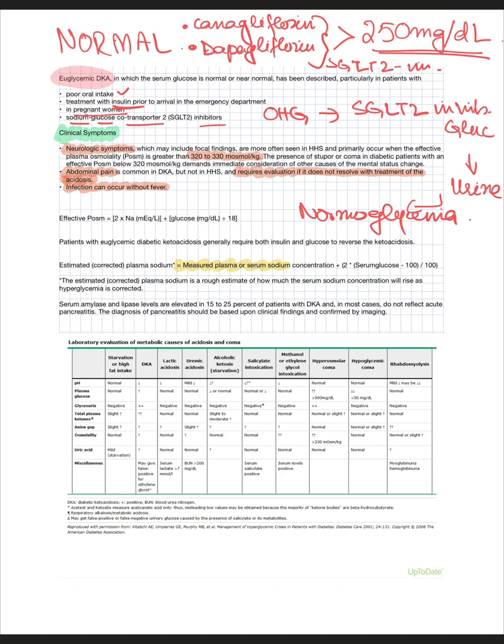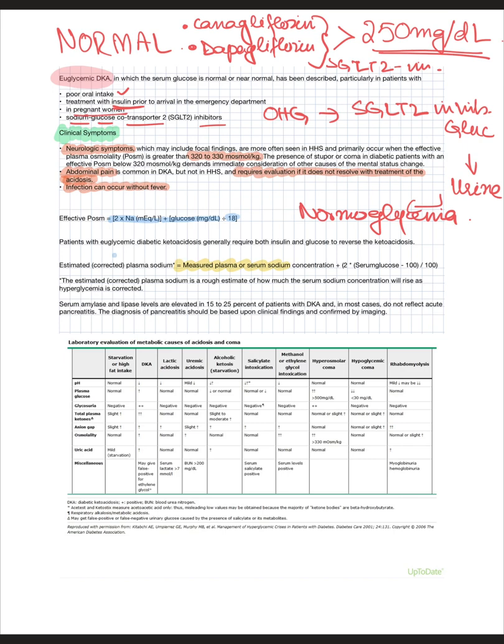And it is with this osmolality that the patients may present with stupor or coma. But the presence of stupor or coma in diabetic patients with an effective plasma osmolality below 320 demands immediate consideration of other causes of the mental status change. Effective plasma osmolality can be calculated as 2 times sodium plus the glucose divided by 18.